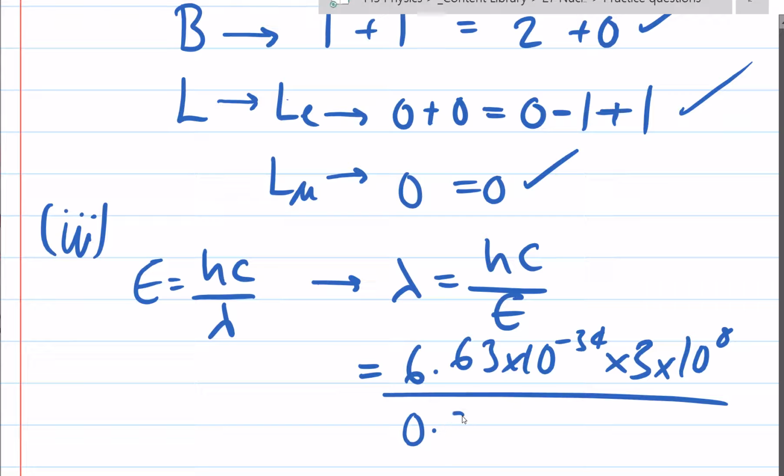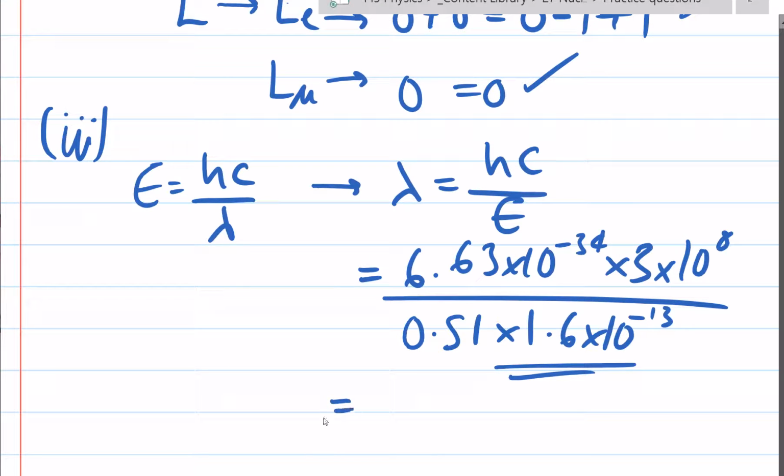The energy, which is given us before, 0.51, times that by 1.6 times 10 to the minus 13, because we need that energy in joules. We're working out a wavelength in meters, so we need that energy in joules. Gives us a wavelength of 2.44 times 10 to the minus 12, which is 2.44 picometers.